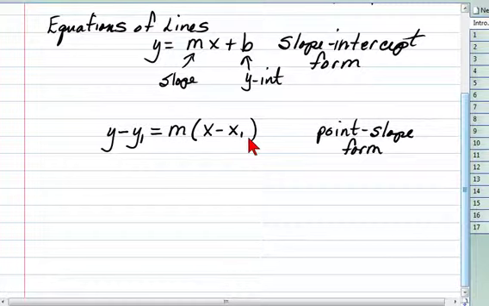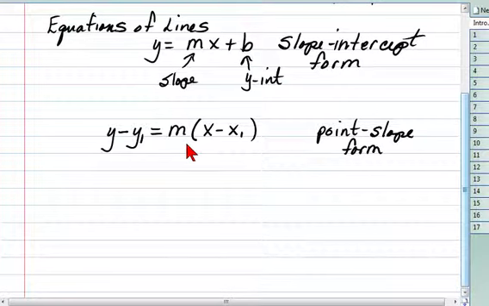Now you see in that two sets of x's and y's. There's an x and a y that are plain, kind of generic, and then there's an x and a y that have little subscripts. And you will see in a few minutes that we use this form if I describe a line and I say it goes through a particular point and has a particular slope. But for right now, if you just write that down, it is on your blue sheet.